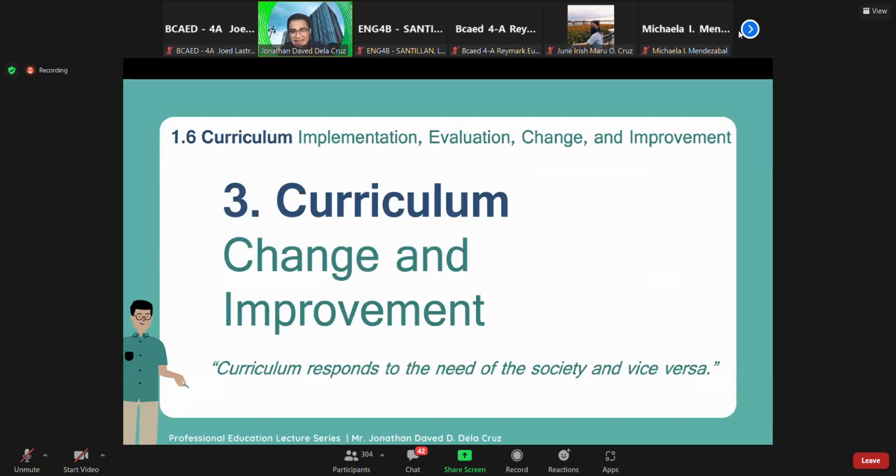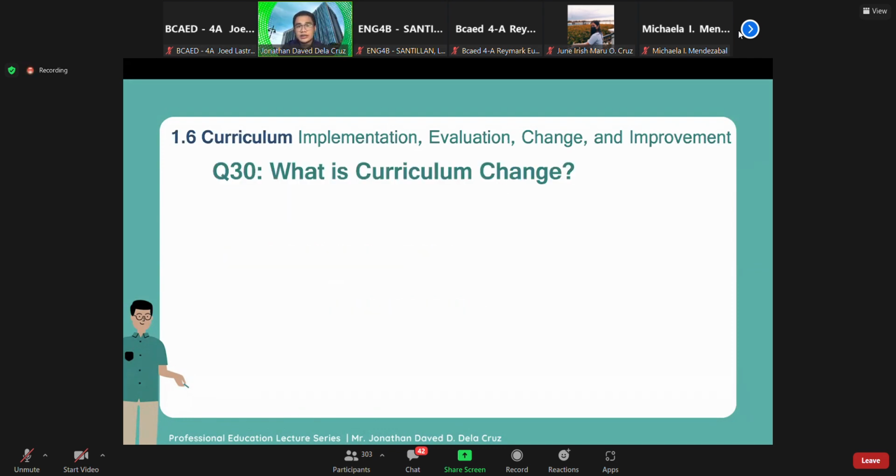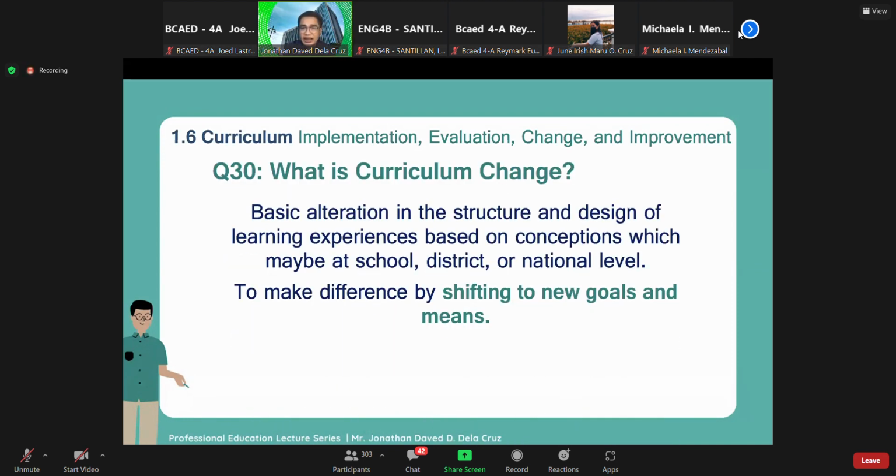And then lastly is curriculum change and improvement. So nangyayari ang curriculum change again because we have to adapt with the society. A good curriculum responds to the needs of the society and vice versa. So hindi naman pwedeng yung curriculum natin ay stagnant na yun na lang din palagi, no? So what is curriculum change? Basic alteration in the structure and design of the learning experience based on the conceptions which may be at school, district, or national level.